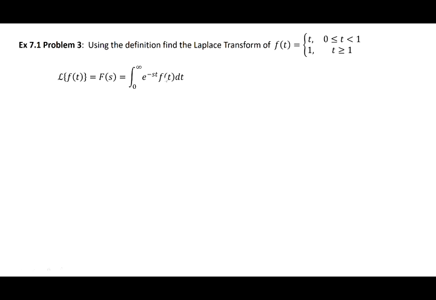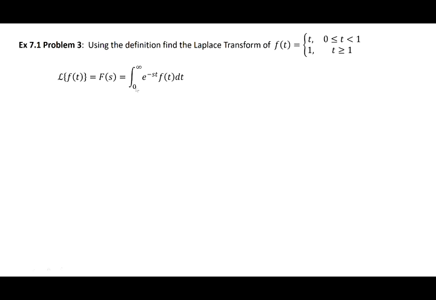Now, what do we plug for f of t? Well, it depends on what t is, right? If t happens to be between 0 and 1, we will replace f of t with a t. On the other hand, if t is greater than or equal to 1, we'll replace that f of t with a 1. So what that means is, I'm sure you guessed this, we need to split this into two integrals, right?